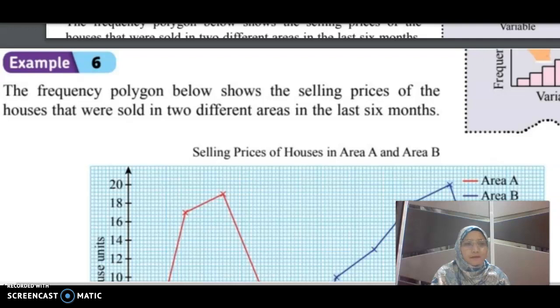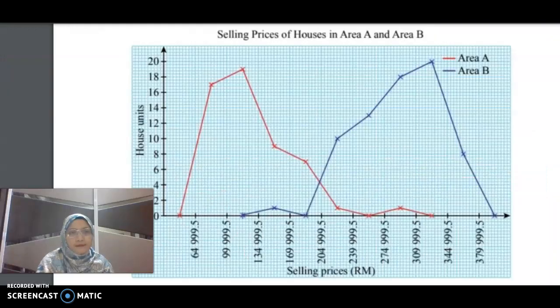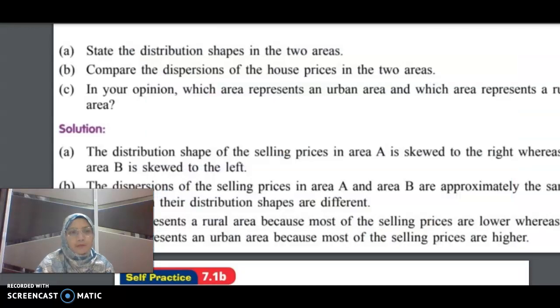Example 6. The frequency polygon below shows the selling prices of the houses that were sold in two different areas in the last 6 months. This is the graph of selling prices of houses in Area A and Area B. Question A. State the distribution shapes in the two areas.